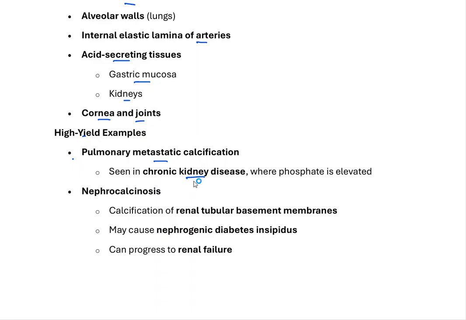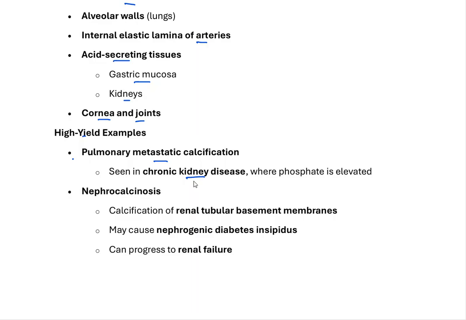It works at the proximal convoluted tubule and at the DCT, right? And one of the functions of the PTH at the proximal convoluted tubule is that it activates 1-alpha hydroxylase. Very good. And that 1-alpha hydroxylase is going to help with the activation or hydroxylation of the vitamin D so that we can have our 1,25 dihydroxy vitamin D, right?